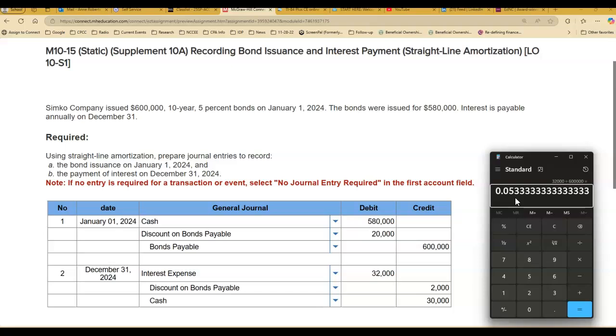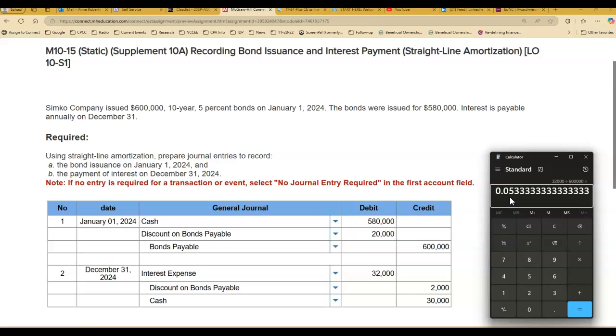Okay, so notice what happens. If we take $30,000 plus the 2 to get to $32,000 worth of interest, we're paying $32,000 worth of interest on a $600,000 loan. Which, if you calculate that, gets us to about a 5.3. But again, because we're doing straight line, it's not exact.